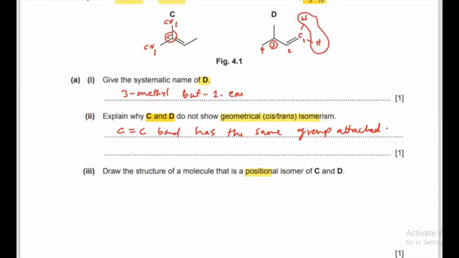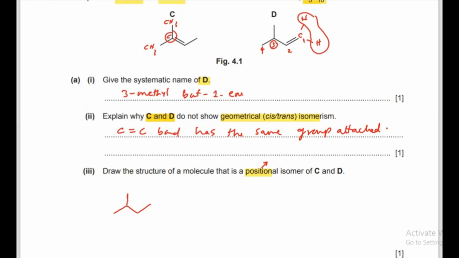Draw the structure of a molecule that is a positional isomer of C and D. In positional isomerism, you have to change the position of the double bond or the branch. If we change the position of the double bond, we can get a structure like this, 1, 2, 3, 4. Here it is 2-methyl.